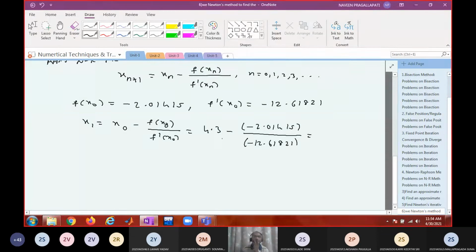What is this value? Minus by minus is plus.